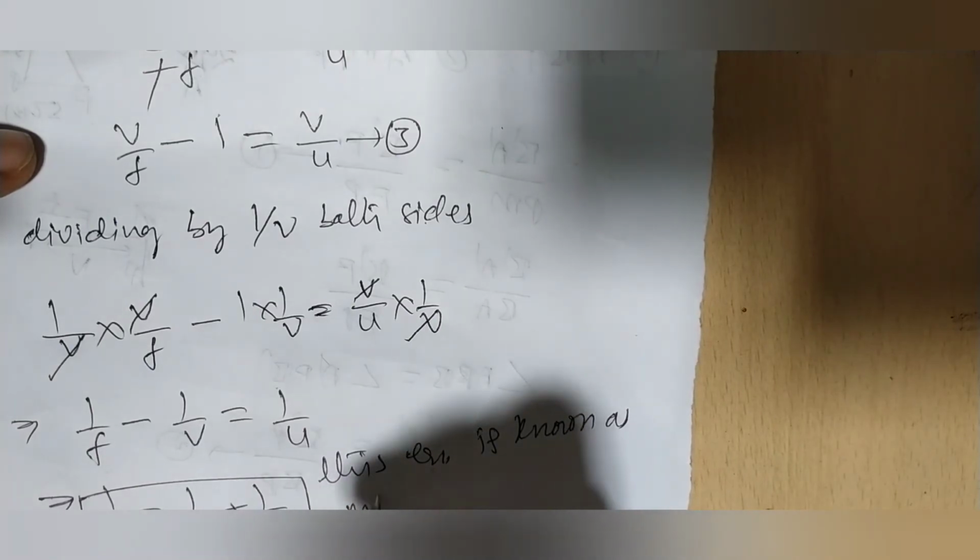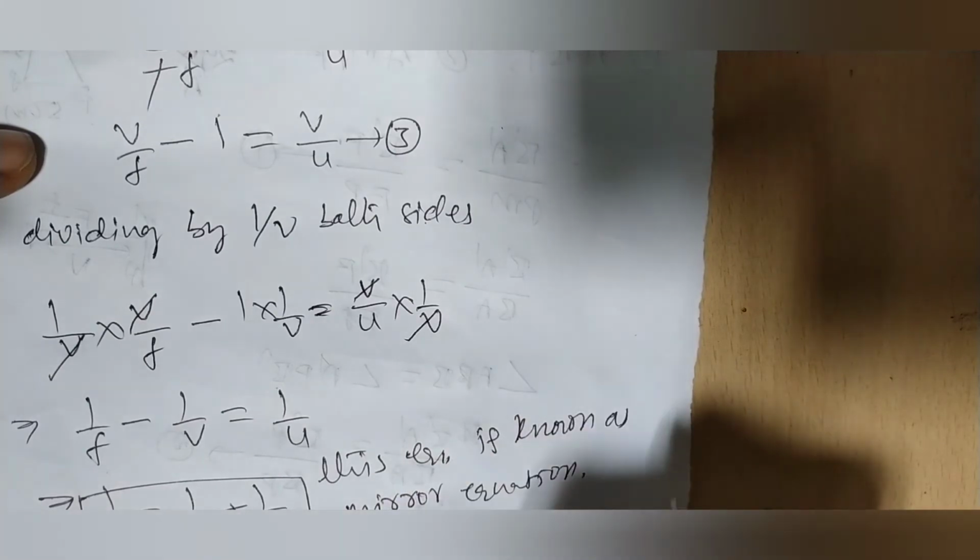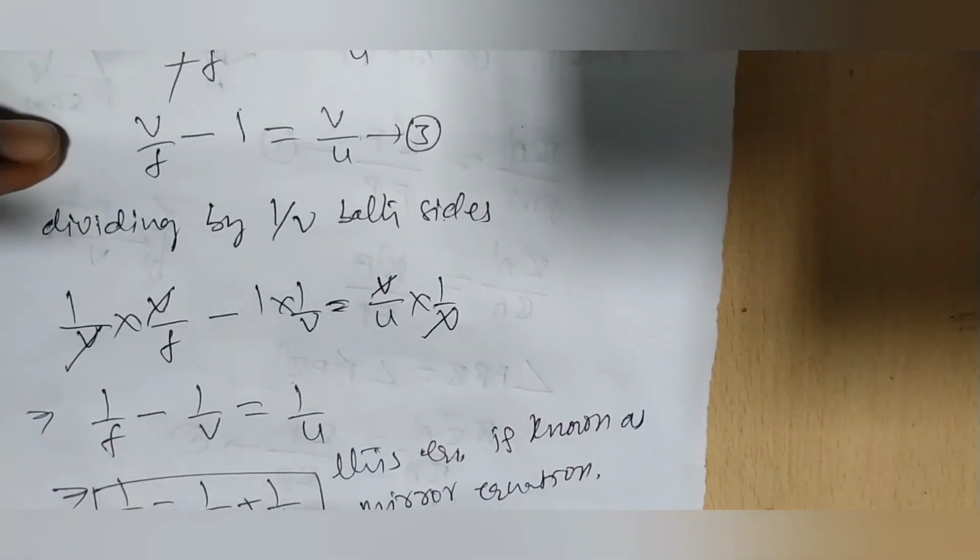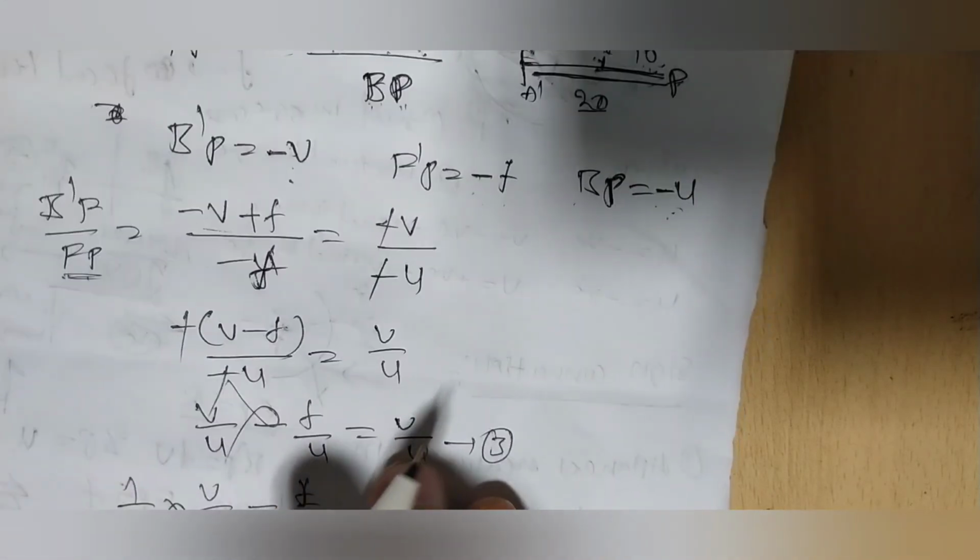This equation is known as the mirror formula or mirror equation. Here f is the focal length, u is the object distance, v is the image distance. Okay, now see here.